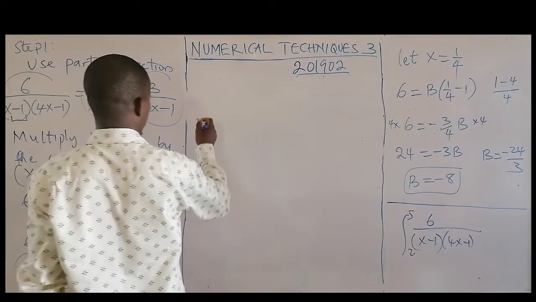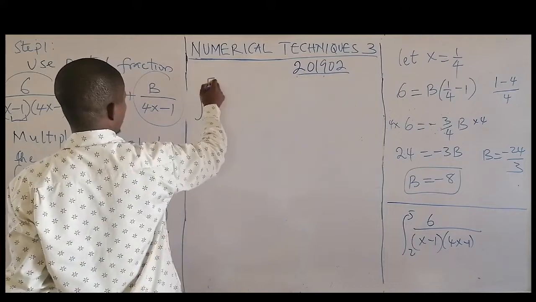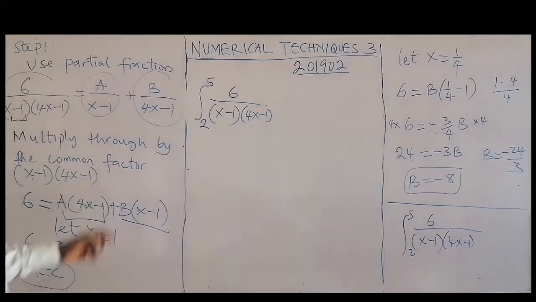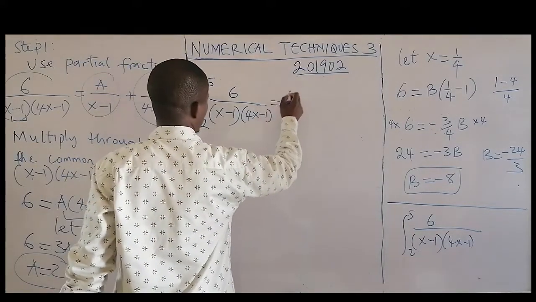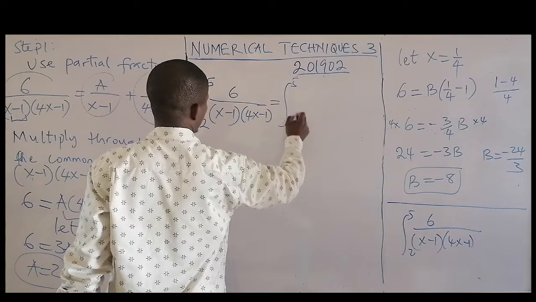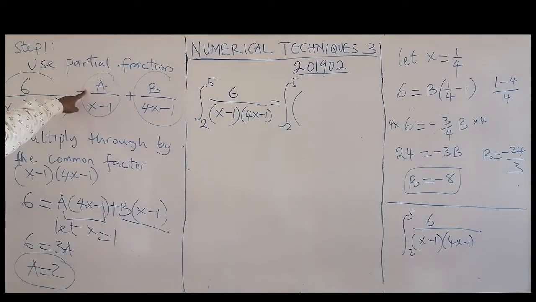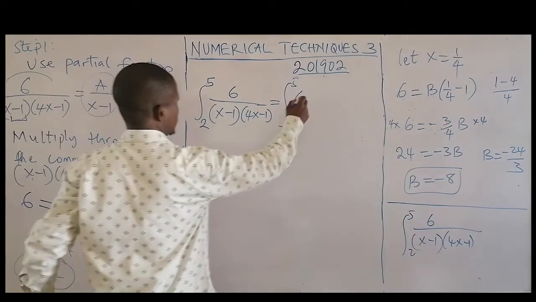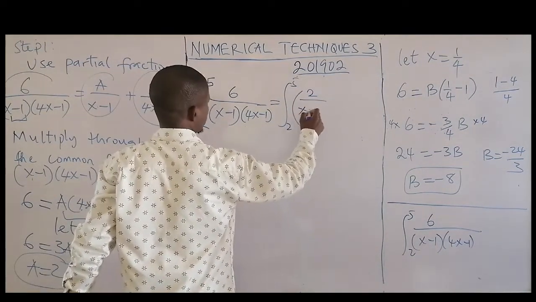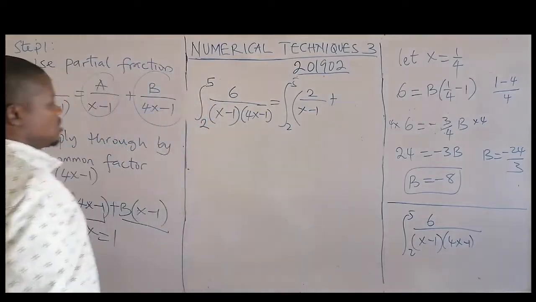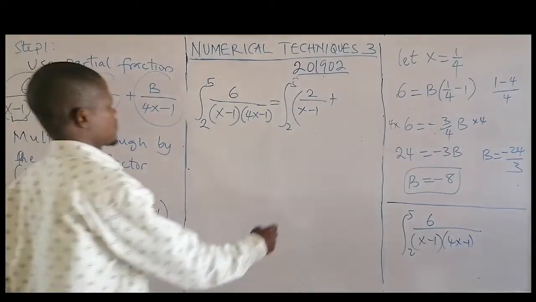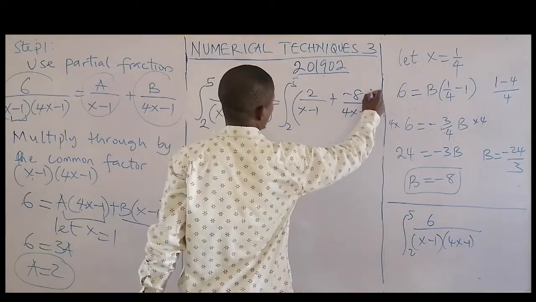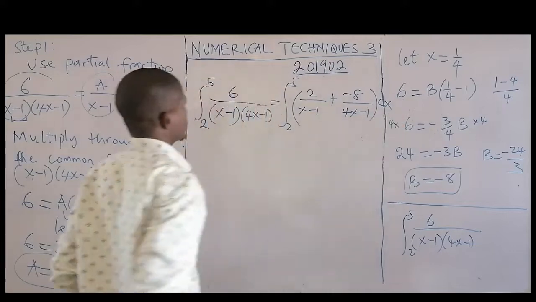So we now have the integral from 5 to 2 of A, which is 2, over x minus 1, plus B, which is minus 8, over 4x minus 1, dx.